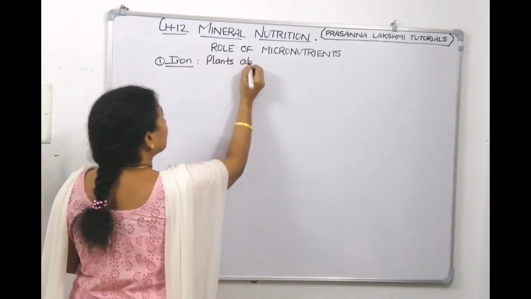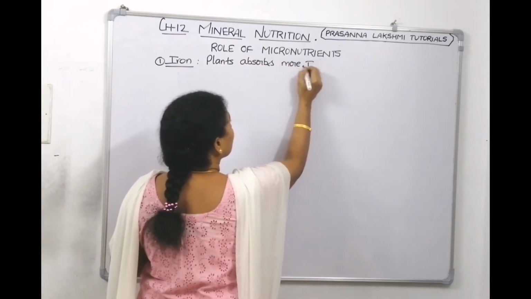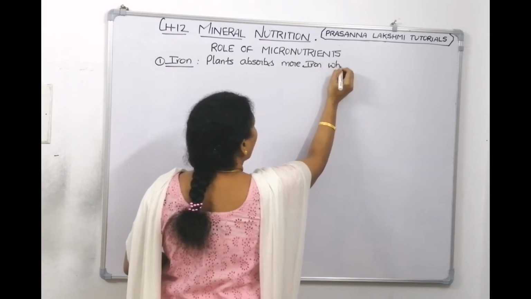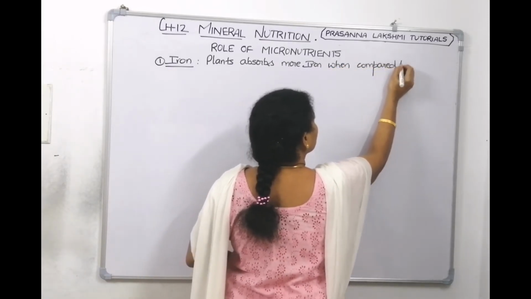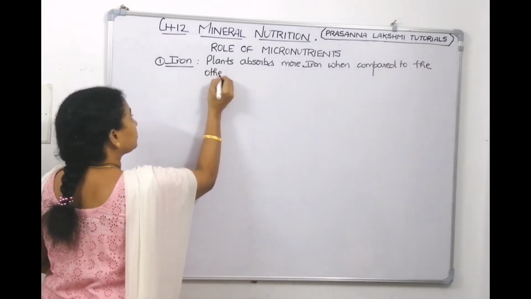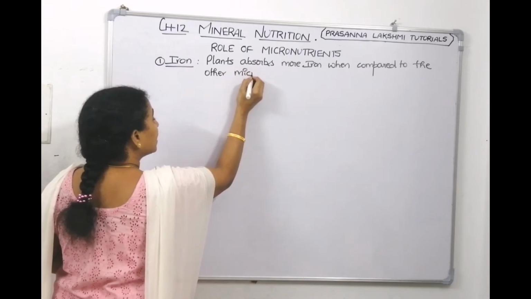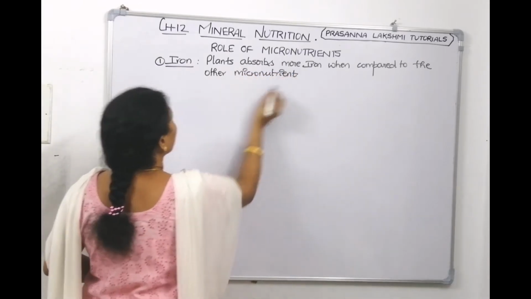The plant absorbs more iron when compared to the other micronutrients. When compared to the other micronutrients, iron requirement by the plant is more.